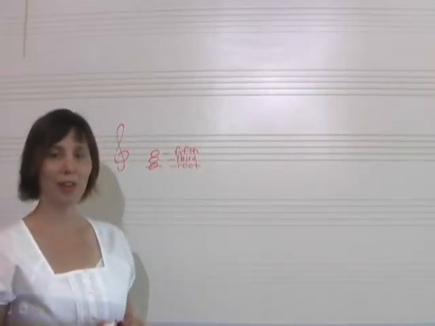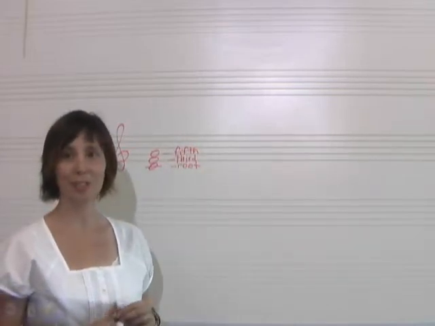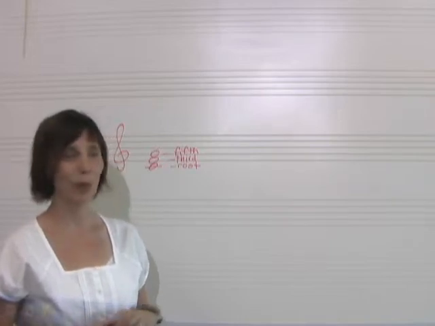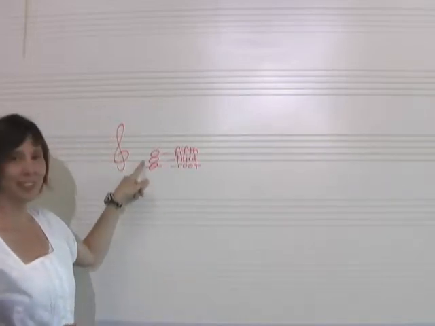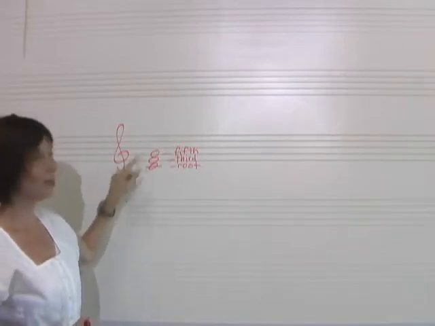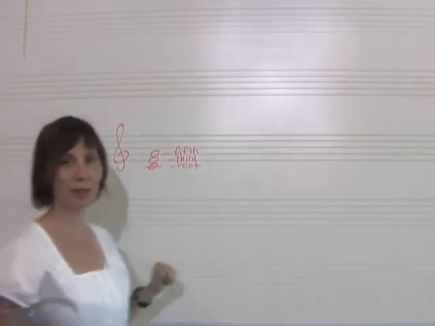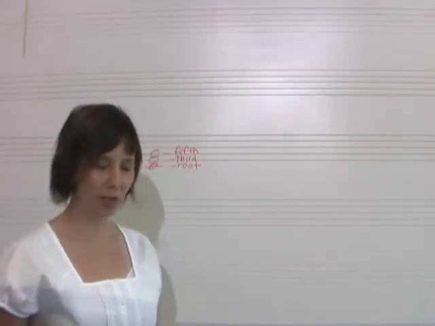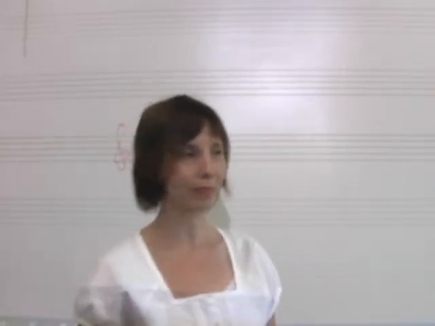Any idea why they're called the root, the third, and the fifth? Well, the third is a third above the root, and the fifth is a fifth above the root. So if you know your thirds and your fifths, then you won't have any trouble with triads at all. Hopefully you remember your intervals very well.